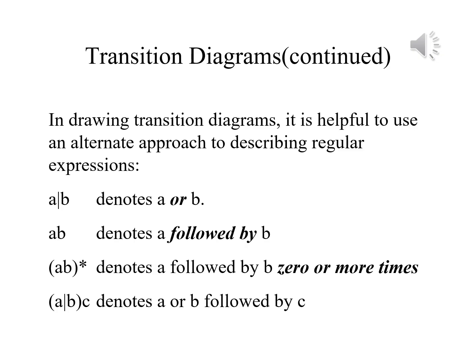A vertical line, A | B, indicates A or B. And as before, AB indicates A followed by B. If I have AB in parentheses with an asterisk afterwards, that means the A followed by B and that sequence repeated 0 or more times. If I have the A and B in parentheses with a vertical line in between, that means I will have either A or B, and then, as you can see here, it will be followed by C.